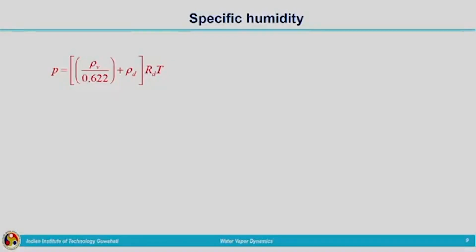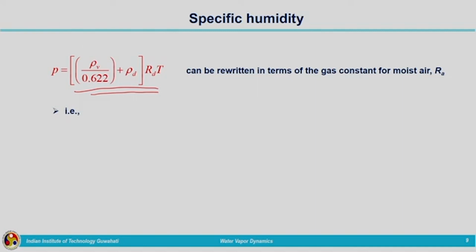We have the equation for total pressure given by this equation, and that can be written again, that is total pressure is due to moist air.